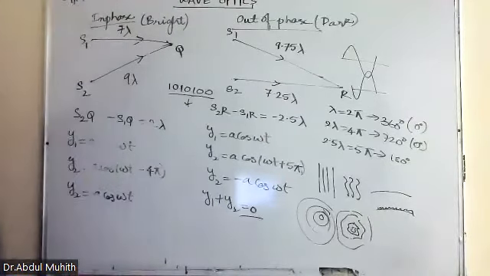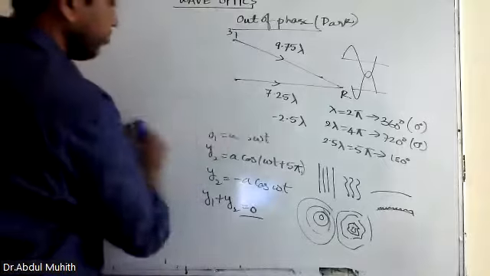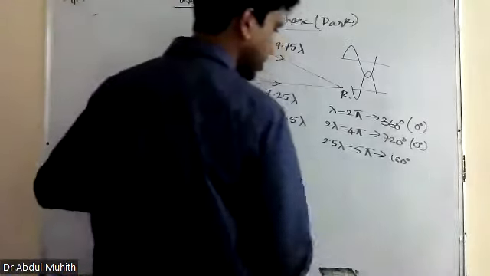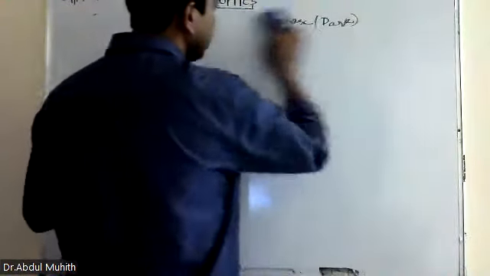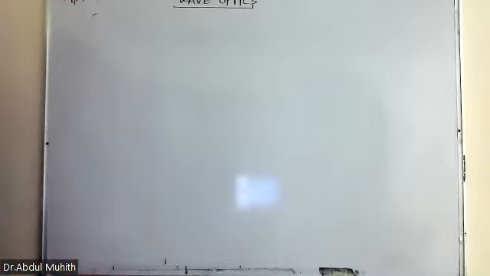Yes, sir. So now we will discuss one more case here. One is in phase, one is out of phase, we have discussed. Now we will discuss one more, that is a constant phase difference. So I'll write a general formula here.